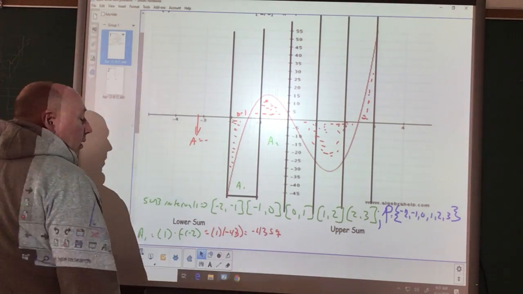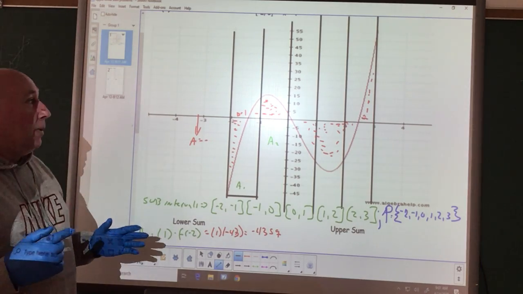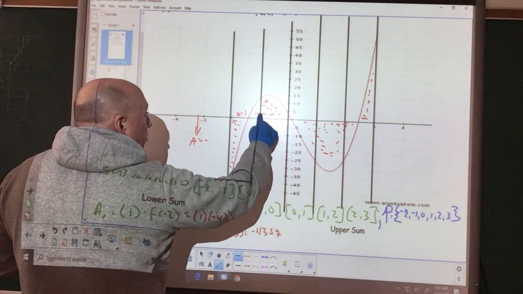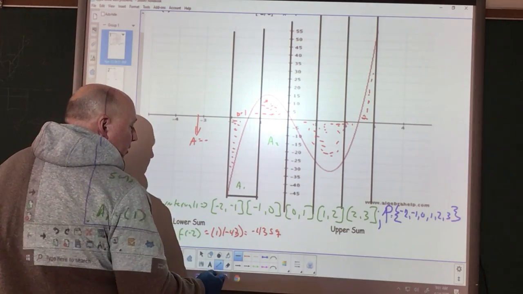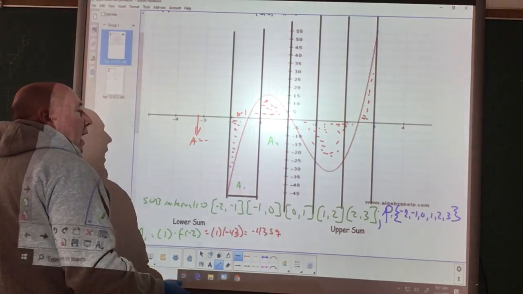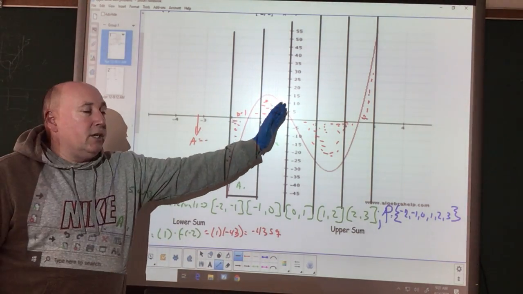If I look at my area 2, I need to be entirely below the graph of the function. And I have to use one of these sides here, or wherever my graph crosses the axis, I need to intersect at a point in this region here.